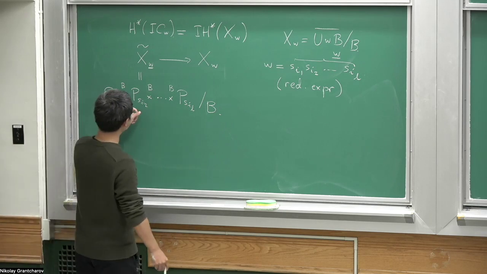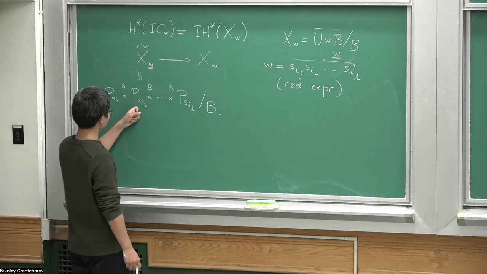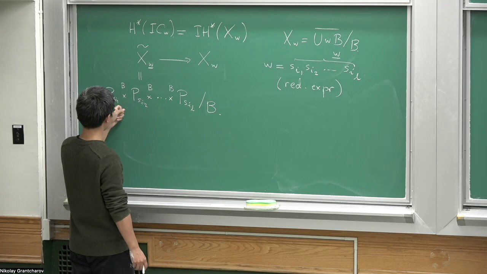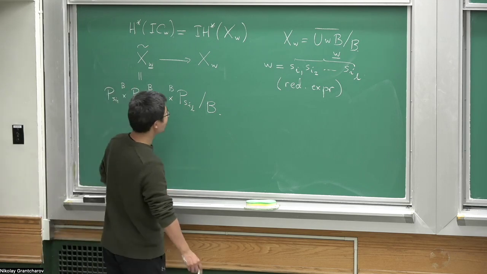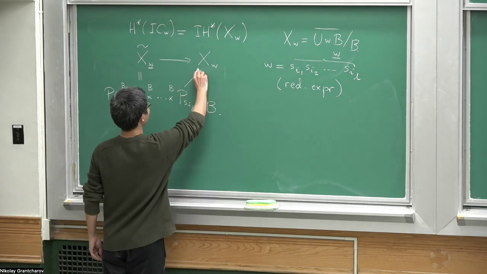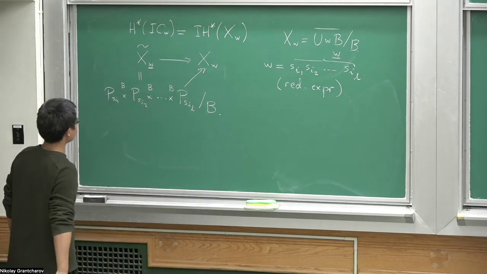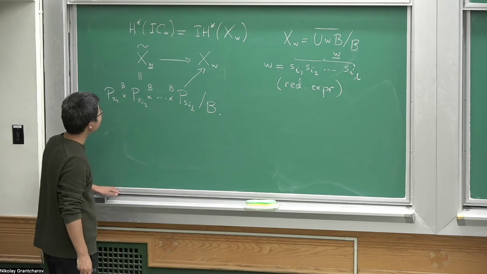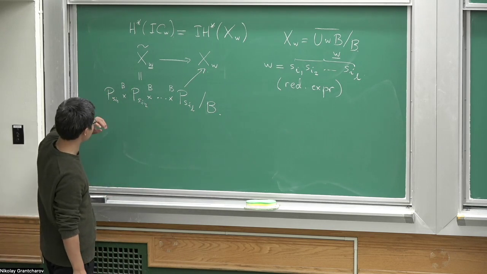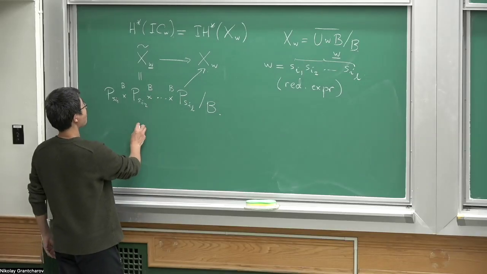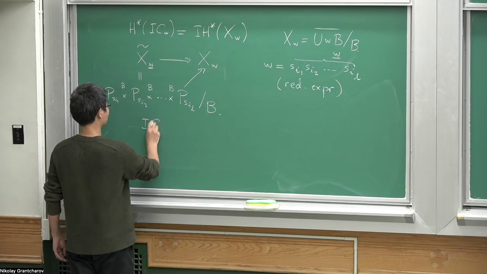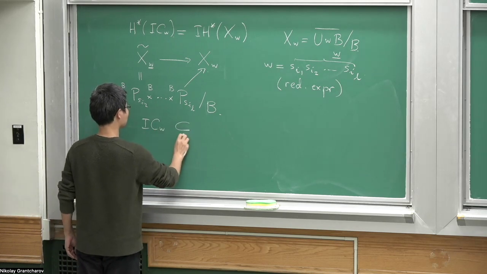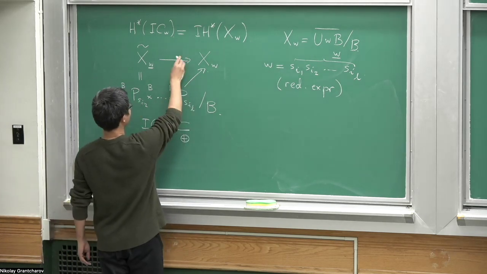Successive convolution of simplest kind of objects in the Hecke category, supported on these minimal parabolics. So that's a resolution of singularities. And by the decomposition theorem, we know the IC sheaf IC_W is a direct summand of the pushforward here.